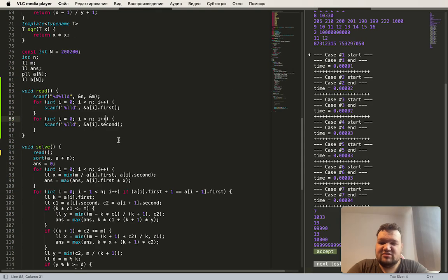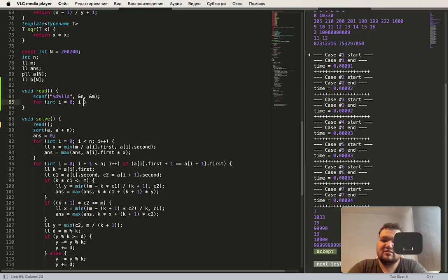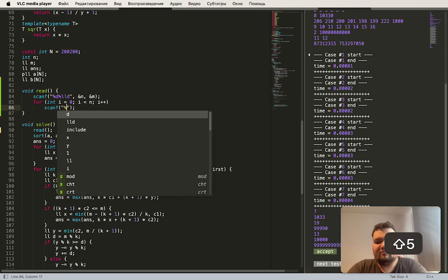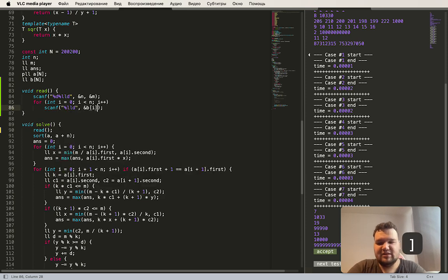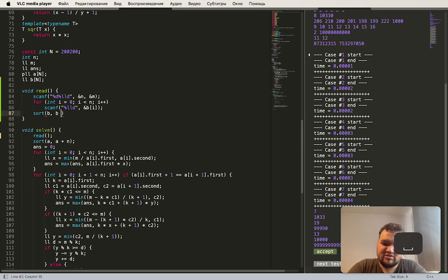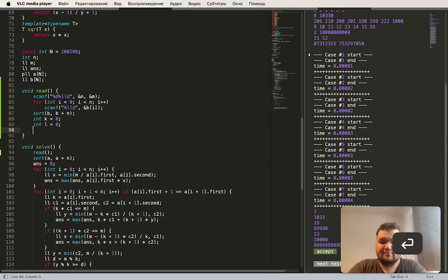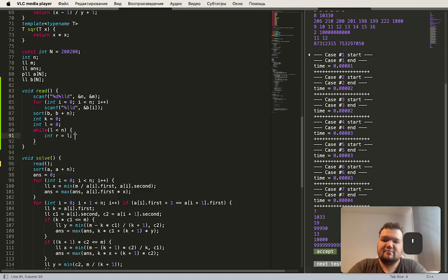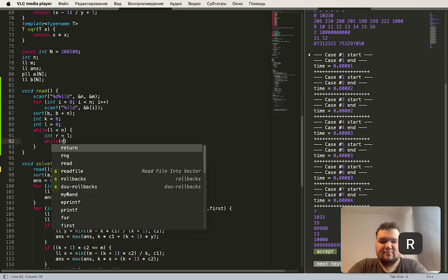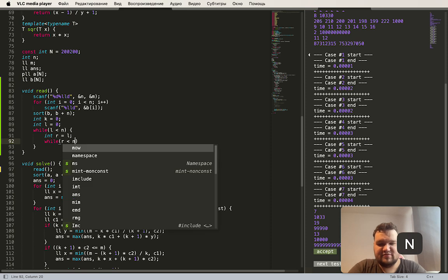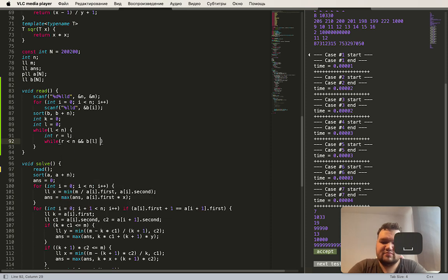Right, so instead of doing this, we will read numbers here, sort them, and find segments of equal values.